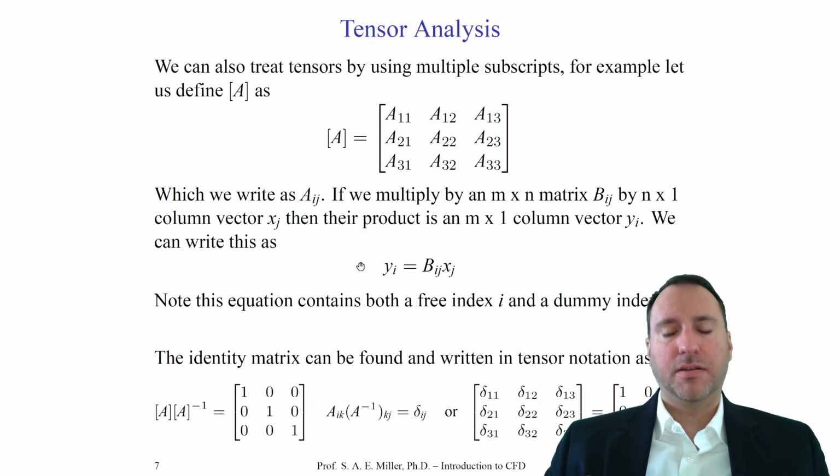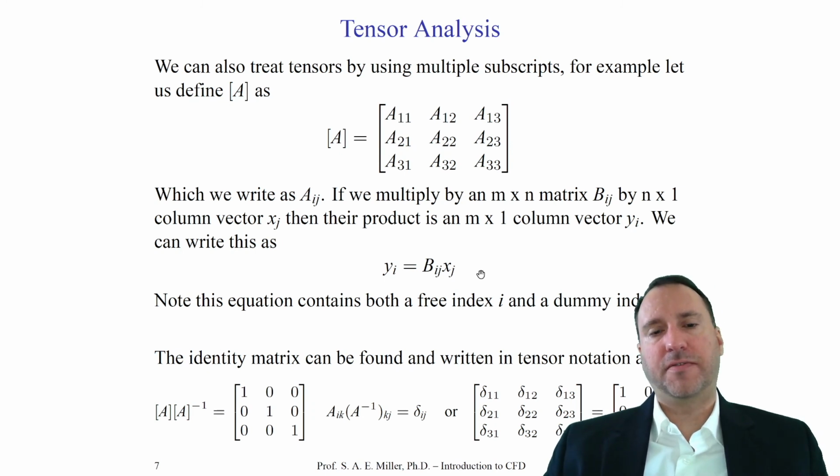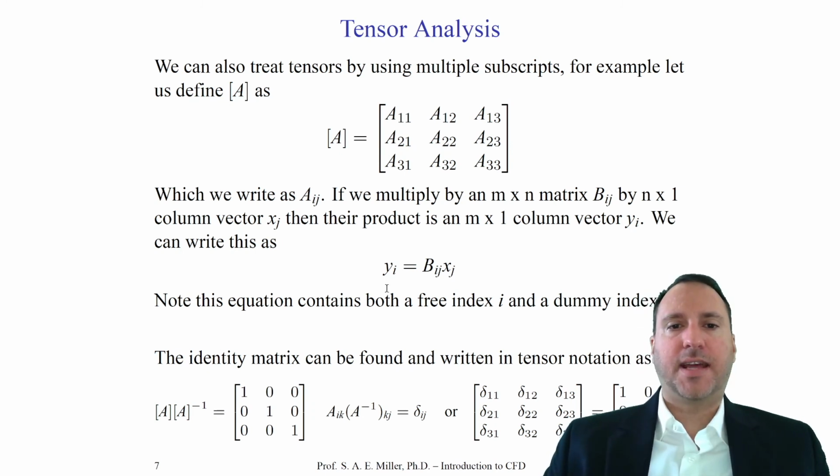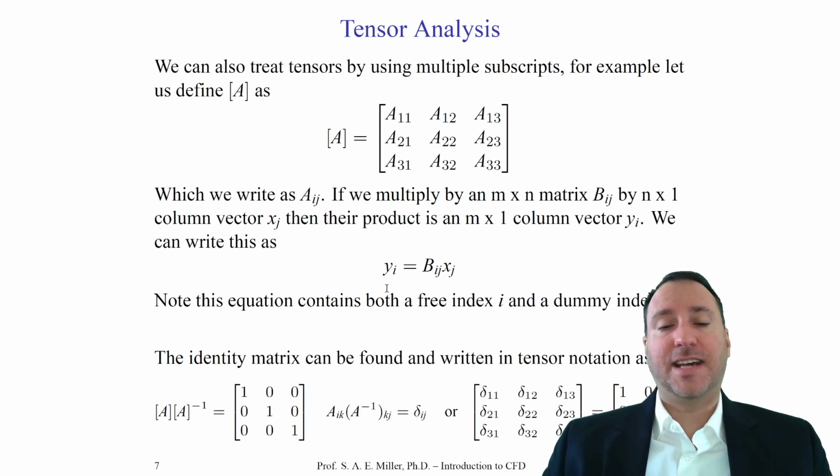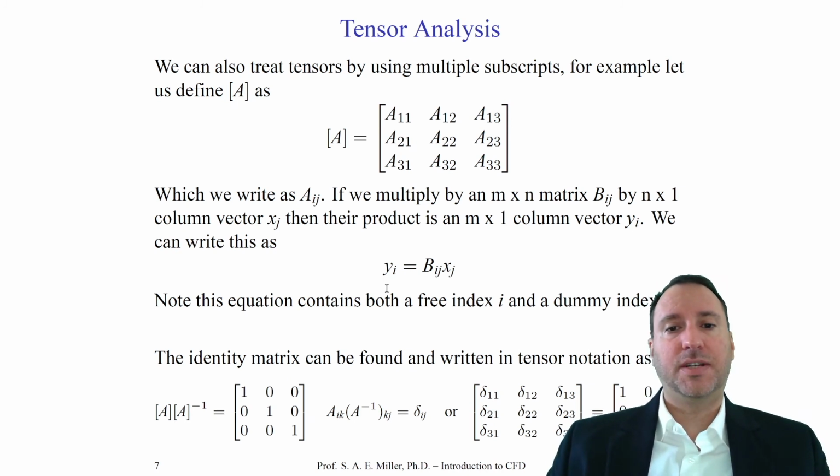If you look at this equation in index notation, this is a very familiar operation, a matrix vector multiplication, which results in a vector. It is written as y sub i equals b sub ij x sub j. So this equation contains both a free index i and a dummy index j. What does this mean?